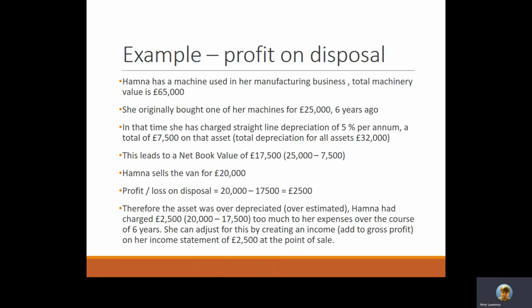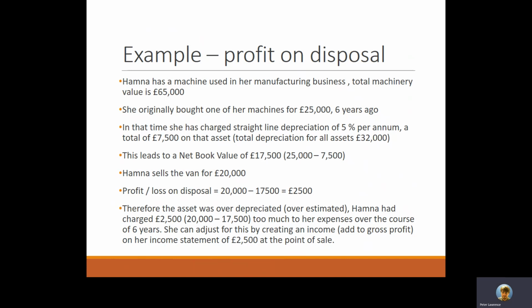And what that does, it cancels out that extra expense that Hamna has created over the 6 years. All right. This just balances out your depreciation where you previously potentially got it wrong. At the point of sale, when you work out your profit or loss, that will compensate for the overestimation or underestimation.